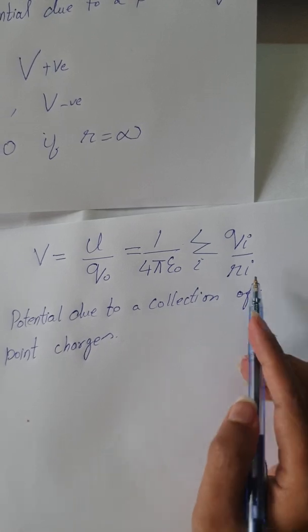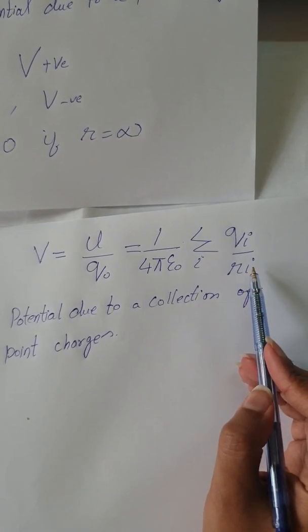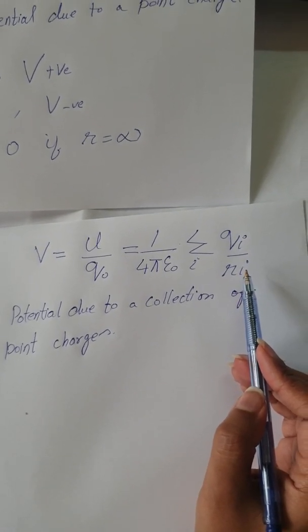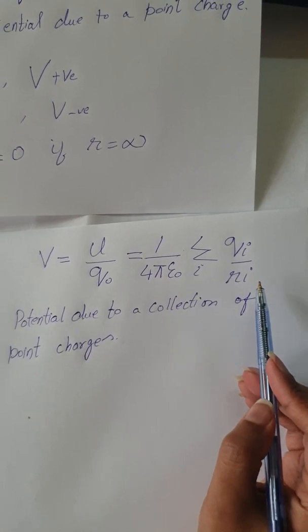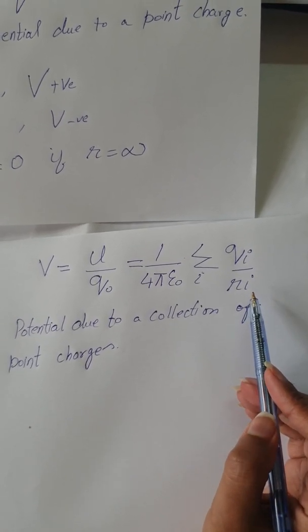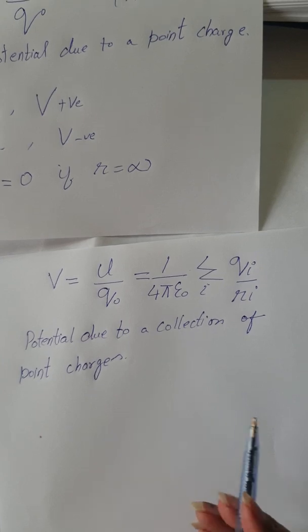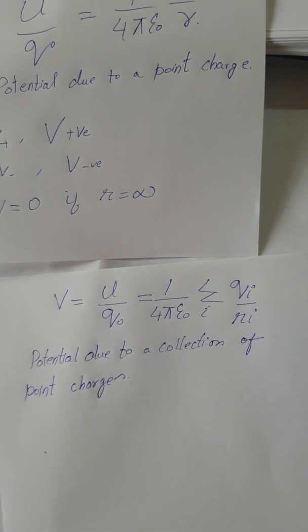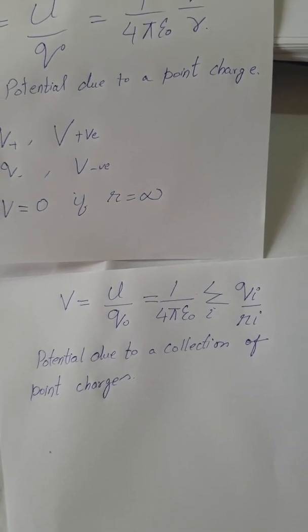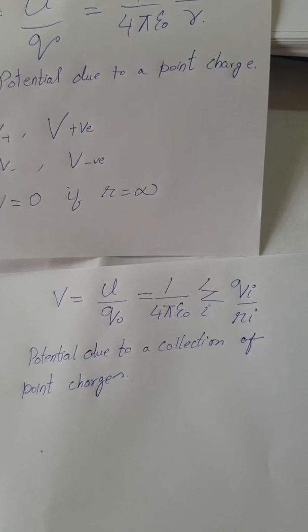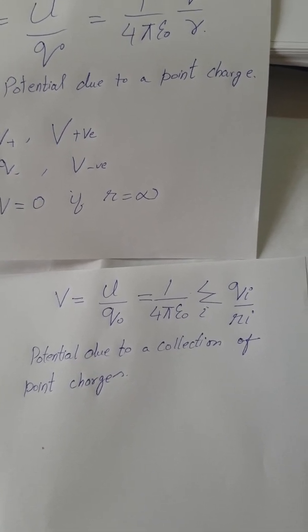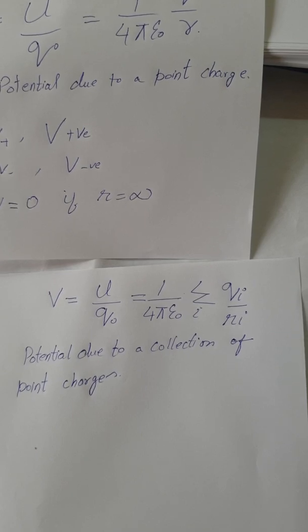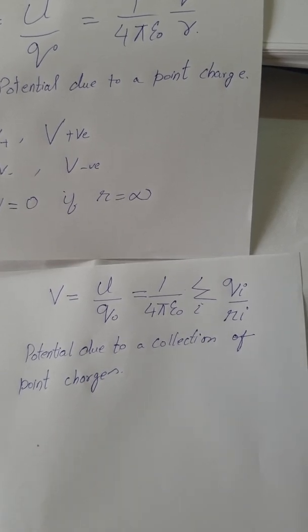Here Ri is the distance from the ith charge Qi to the point at which the potential is evaluated. Just as the electric field due to a collection of point charges is the vector sum of the fields produced by each charge, the electric potential due to a collection of point charges is the scalar sum of the potentials due to each charge.